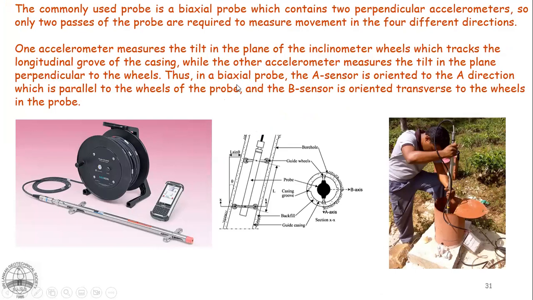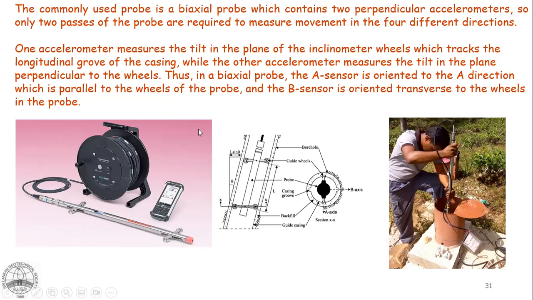So in that, to monitor the movement, we use this probe, right? So this is the detail of the probe. So the commonly used probe is a biaxial probe which contains two perpendicular accelerometers. So with single pass of the probe, with two passes, data acquired in 4 different directions.